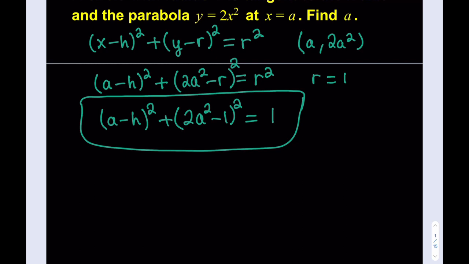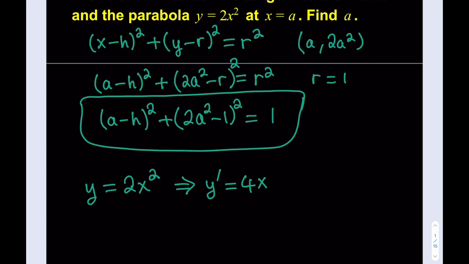So here's what we're going to do. We're going to start with the parabola because it's easier. The equation of the parabola is y equals 2x squared. I'm going to differentiate it, right? When I differentiate 2x squared, as you know, the power rule, bring the 2 down, multiply by the 2 in the front, that's going to make 4, and then bring the power down to x. Okay, cool.